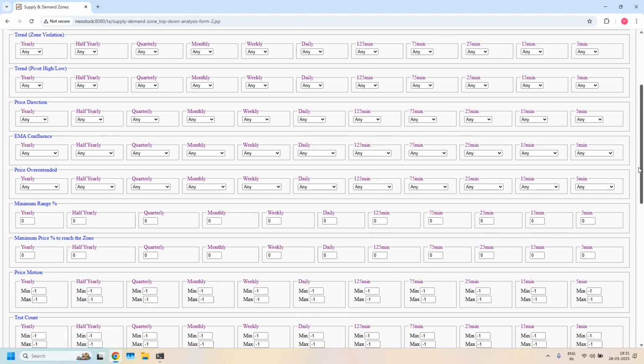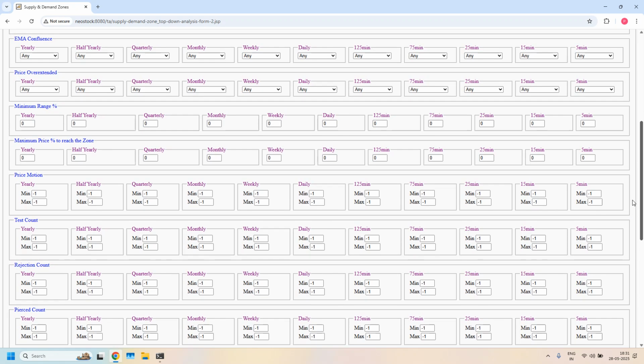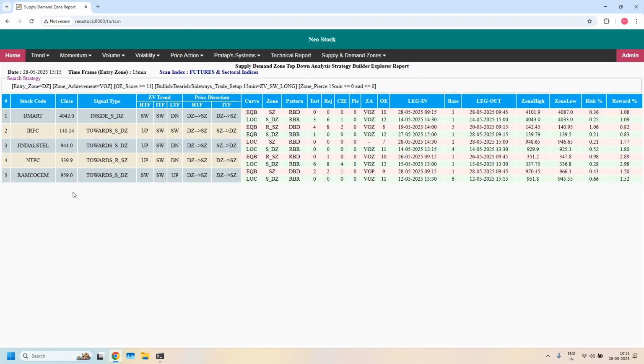And also the 15 minute demand zone should not be pierced. So at 15 minutes, minimum value 0, maximum value 0 in this pierced count. With this, we got 5 stocks. So these are all sideways trade setups for daily income trade, sideways long trade setup. The entry time frame zones are 15 minute demand zones.